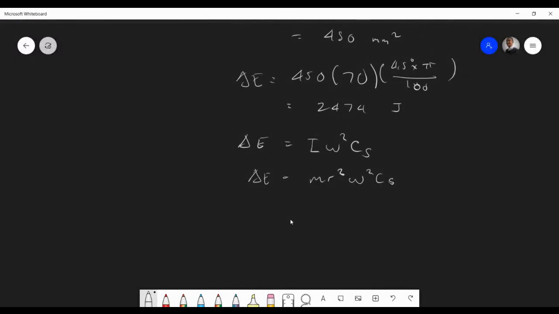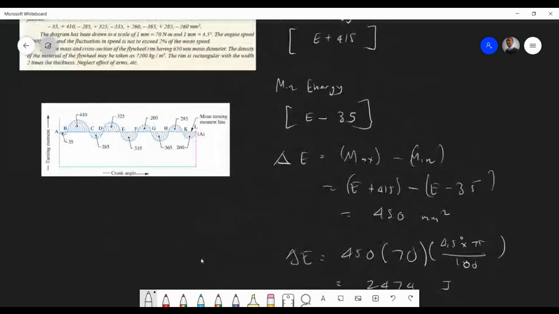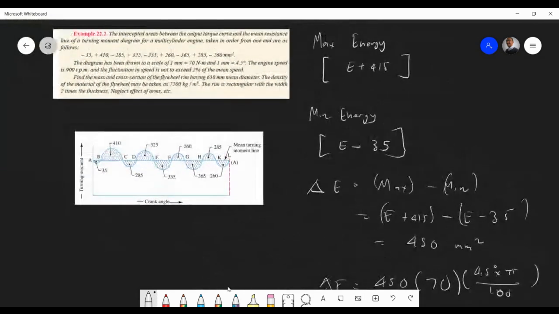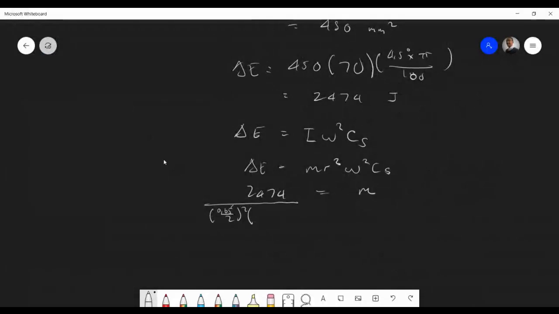And then we're going to take 2474. Let me just say this will equal mass. CS was, okay, radius is 0.65 divided by 2, squared. Omega was typically given, it's 900 RPM, squared, and our CS is simply 0.02.